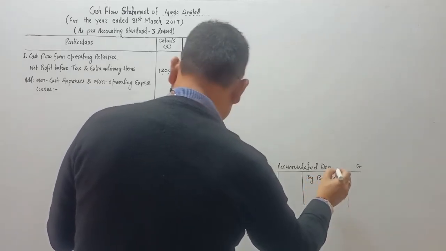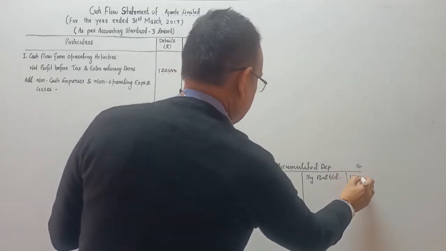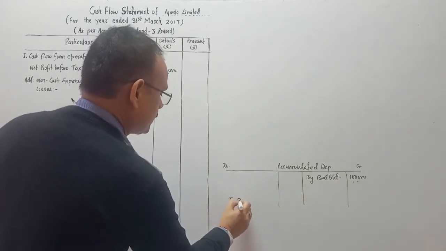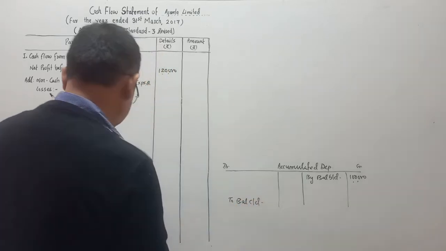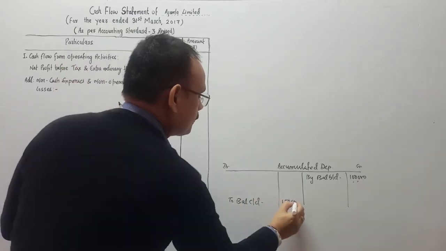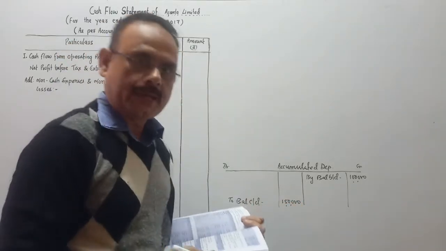Opening balance of accumulated depreciation is given 1 lakh and closing balance of accumulated depreciation, to balance carried down, this is given 1,50,000. Okay.